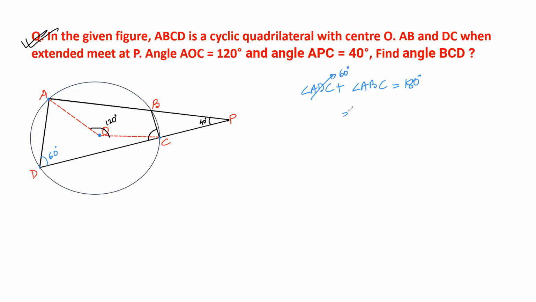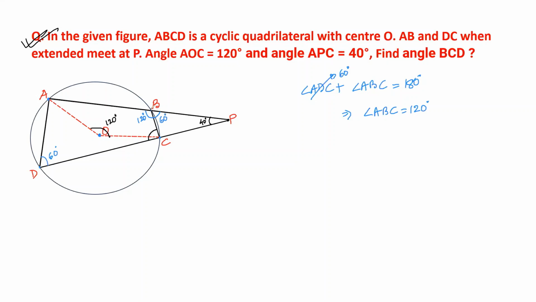So from this we can say that angle ABC would be 120 degrees. Now we know that this angle is a straight angle, so this would be 180 degrees. So if this is 120, we can say that this angle has to be 60 degrees.